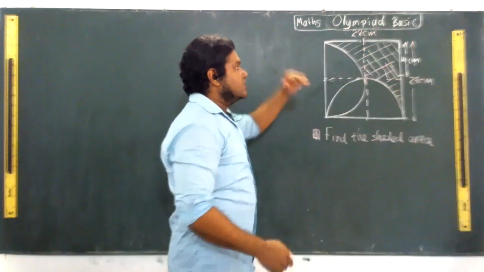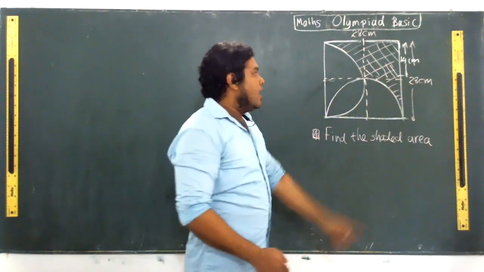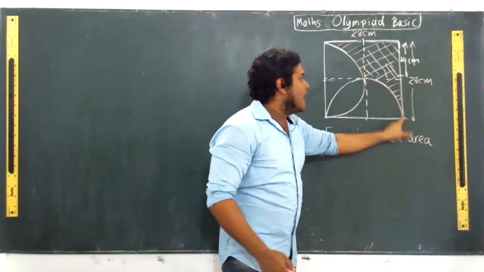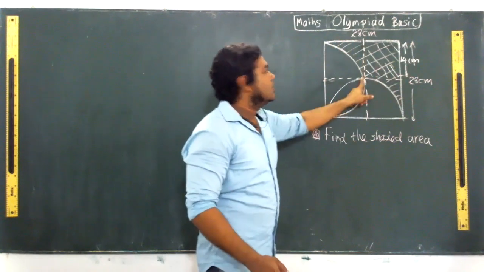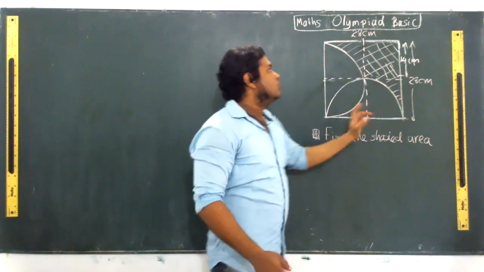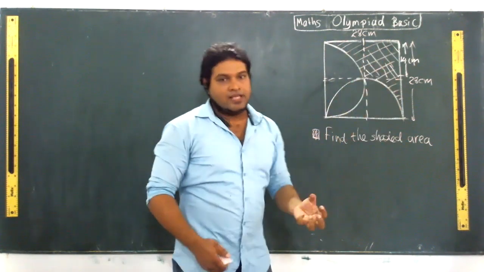Okay, now in addition to that, how can you find the remaining area? If you find this small remaining area, then the same area will be there. Therefore, the total area should be the area of the square plus the other two remaining areas.